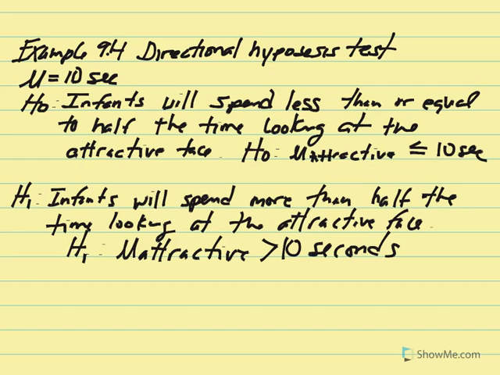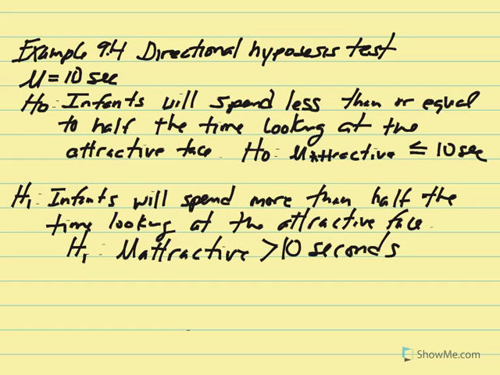The alternative hypothesis states that infants will spend more than half the time looking at the attractive face. So the notation would read that the research hypothesis indicates that the mu for the attractive face will be greater than 10 seconds.